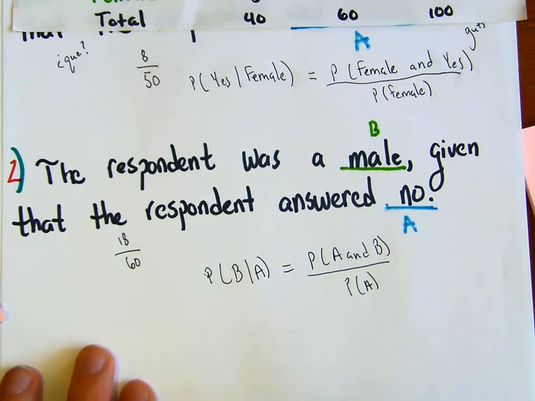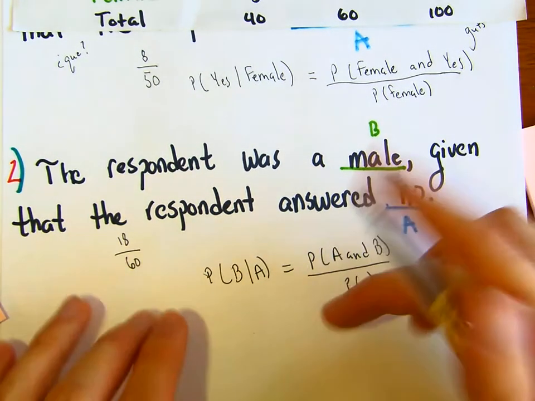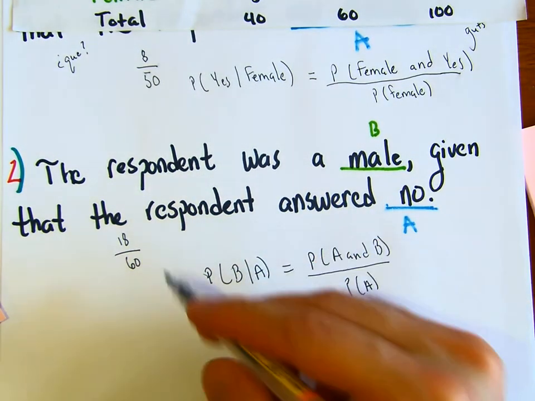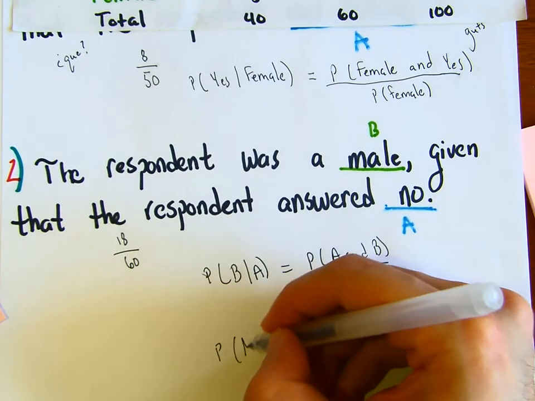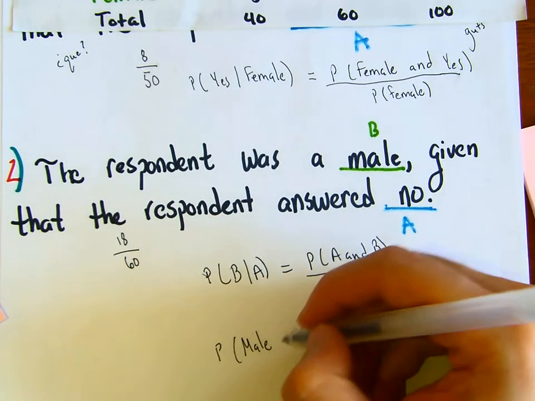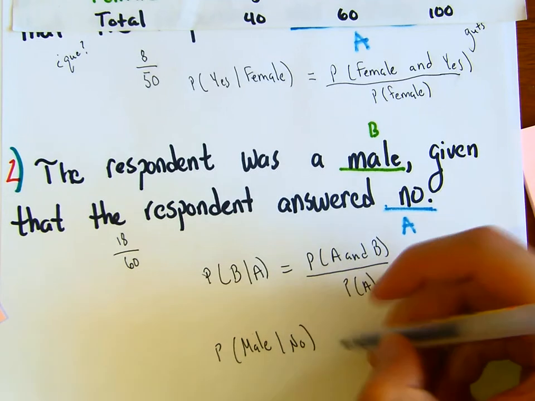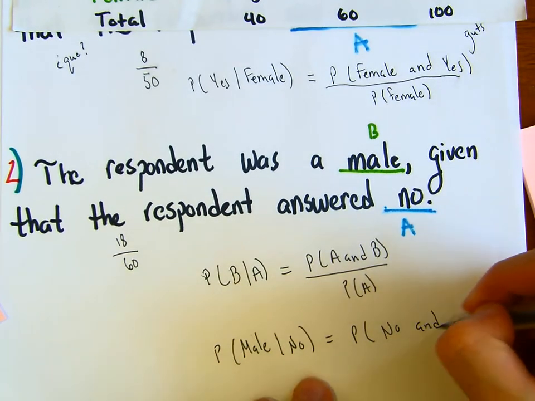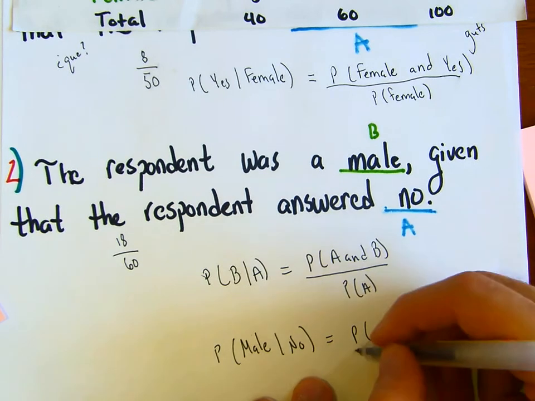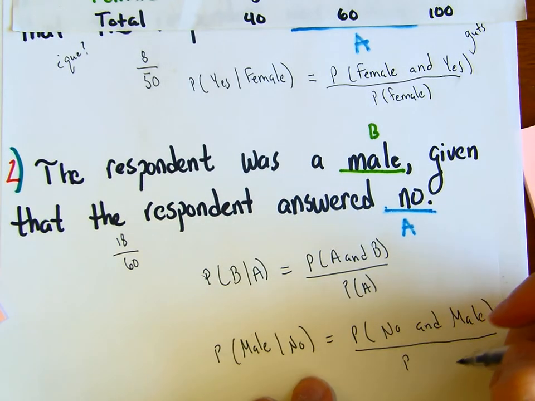So if you pause the video and try to do this on your own to get 18 over 60, we have the probability of male and no. This is equal to the probability of no and male over the probability of no.